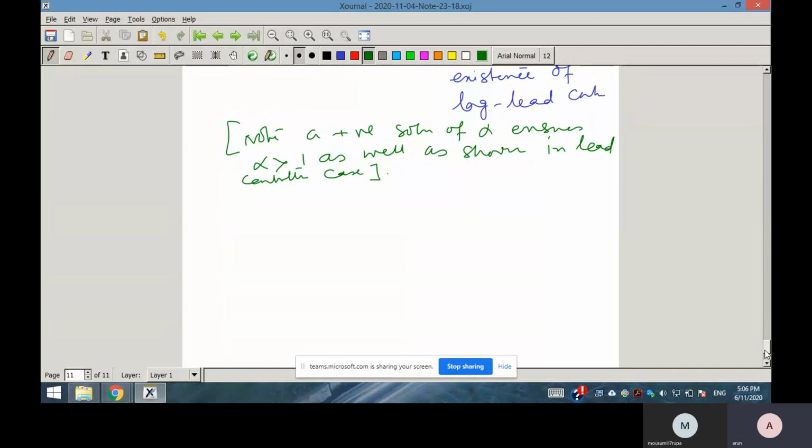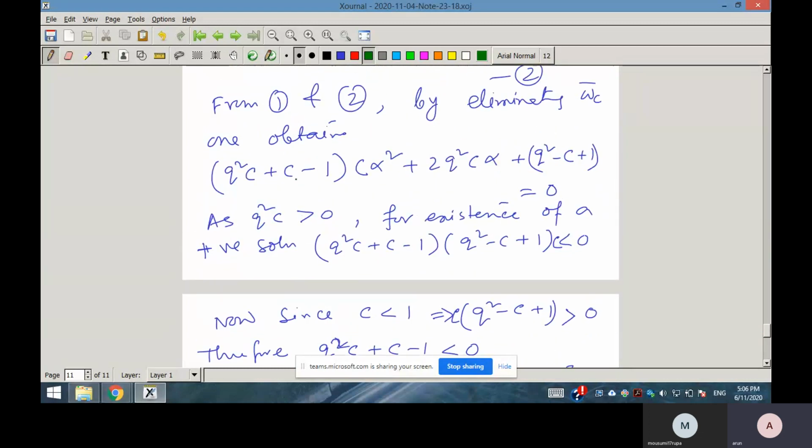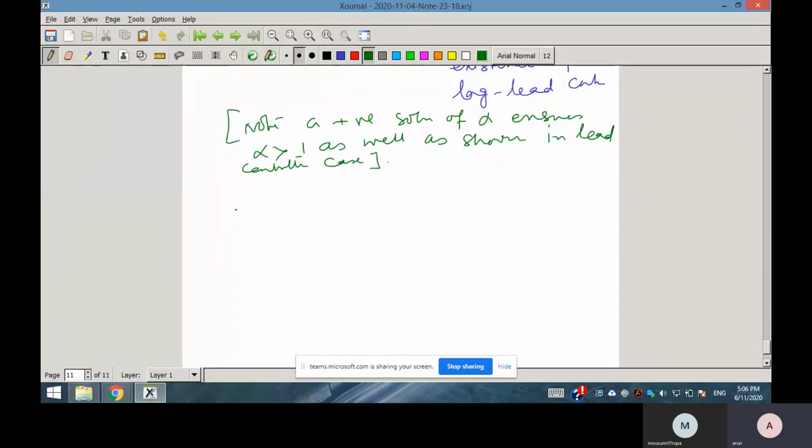Now suppose you have got the alpha solution from this one, then what will be your a? Once alpha is obtained, then a will be what?